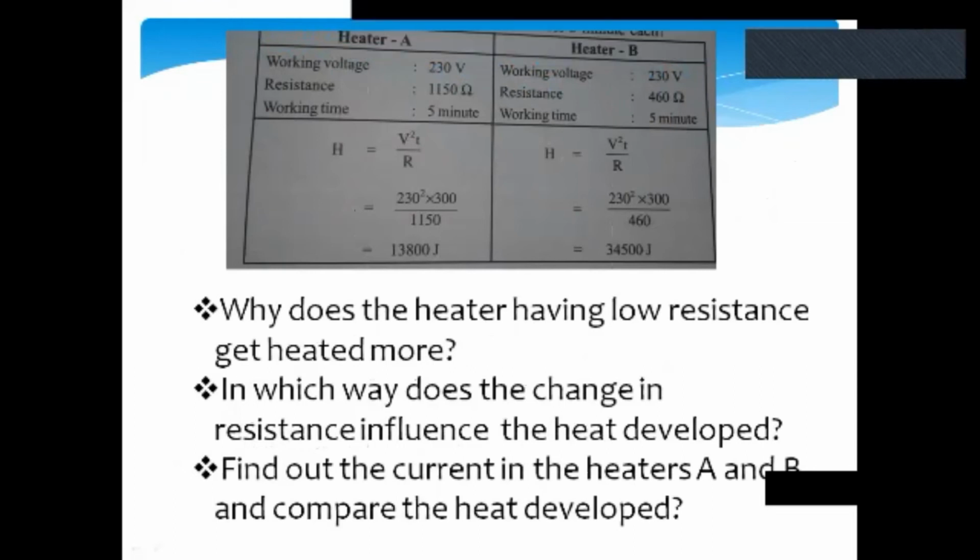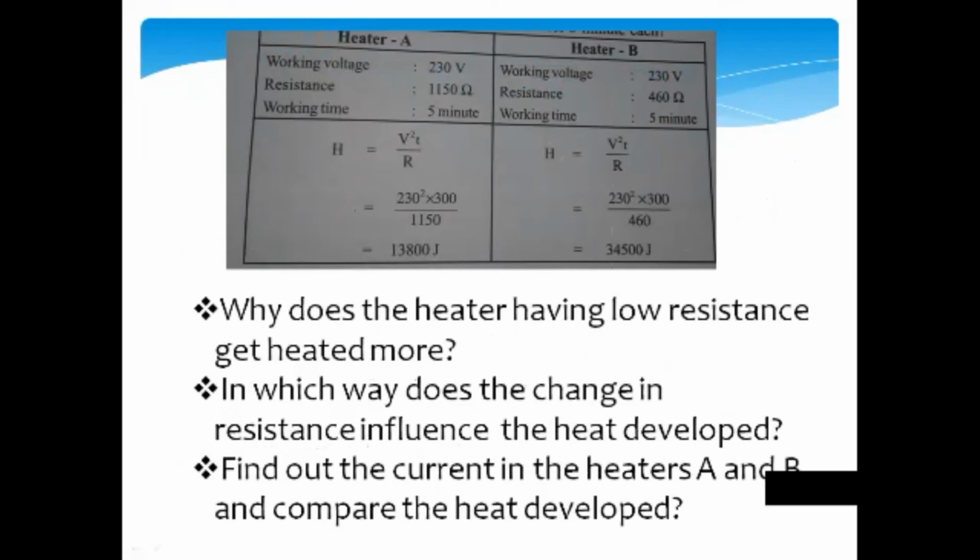It is based on two heaters, heater A and heater B. We are given the working voltage, resistance and working time of both of the two heaters, and here are some questions. Why does the heater having low resistance get heated more?